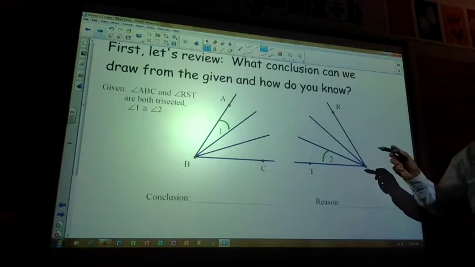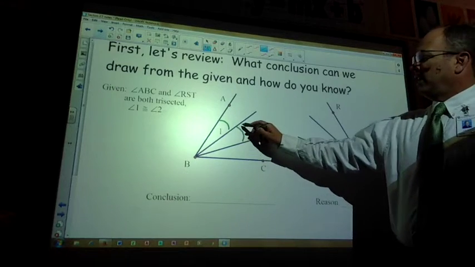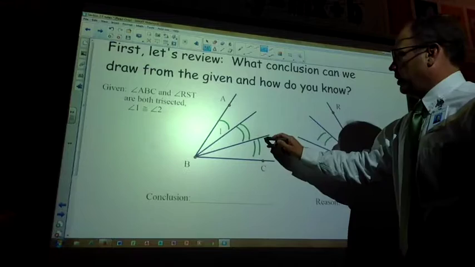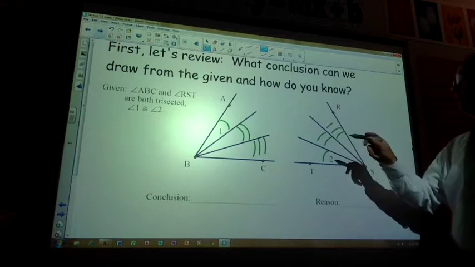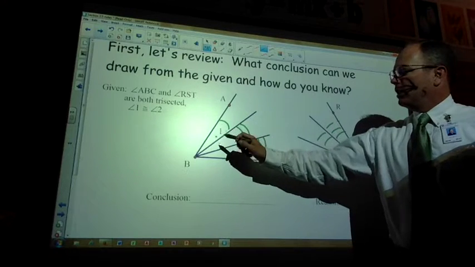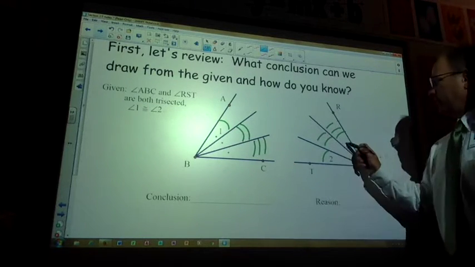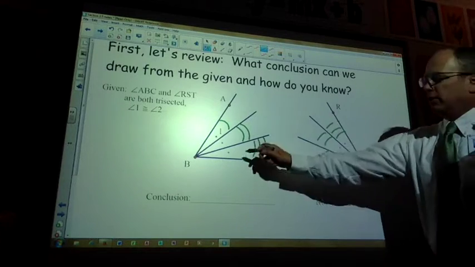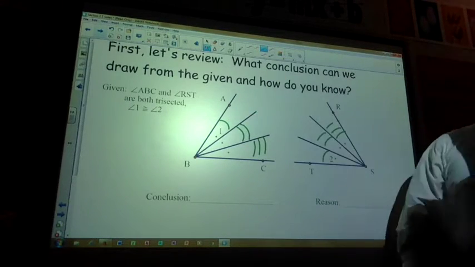If these are trisected, you could say that this angle here and this angle here have to be the same. And if they're trisected, that means that this angle and this angle are the exact same as this and this. And so if angle 2 is 30, this would be 30, this would be 30, this would be 30, this would be 30, that would be 30.